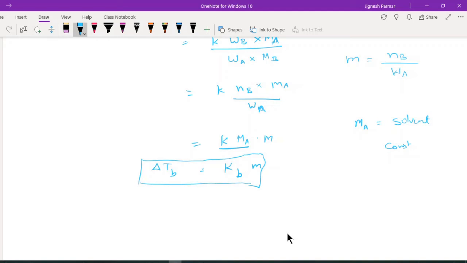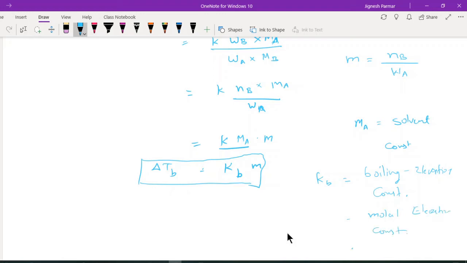Kb is a new constant, called the boiling point elevation constant, or we can call it the molal elevation constant.